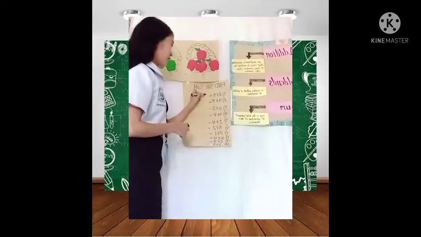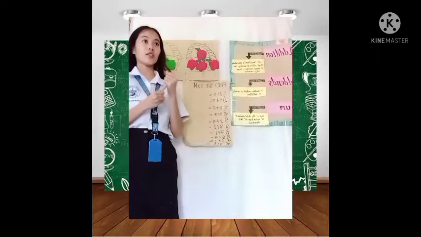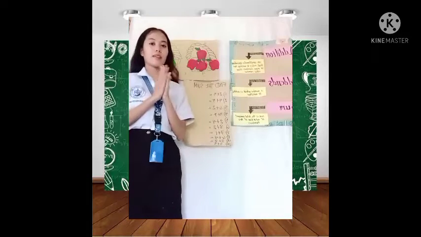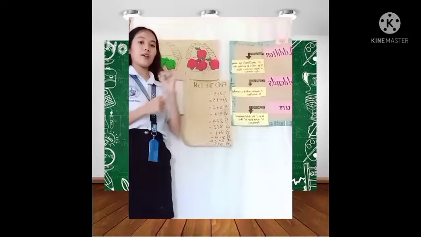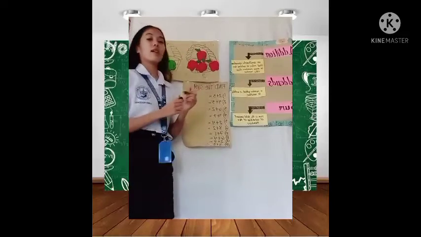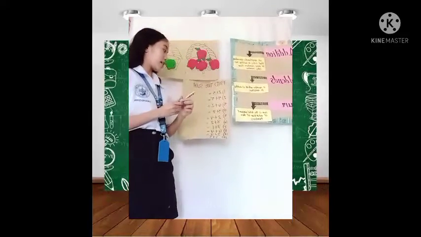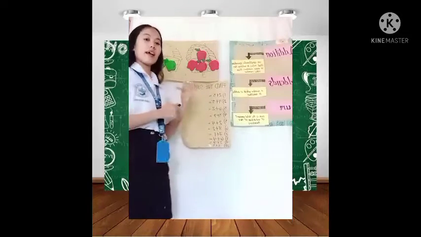Correct, very good, 5. So who among the group has the correct answer? Okay, so clap your hands. Next, 4 plus 5. Okay, very good, 9. Next, third one. 6 plus 2. 8, correct.